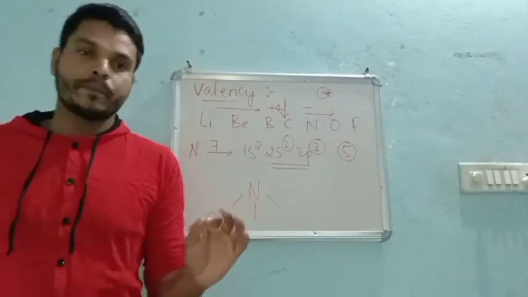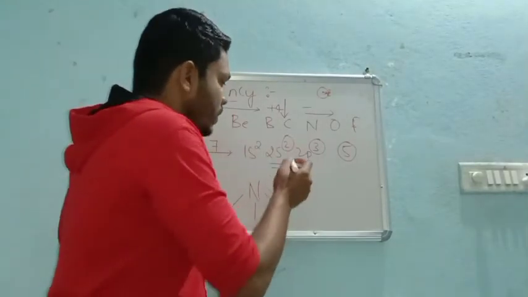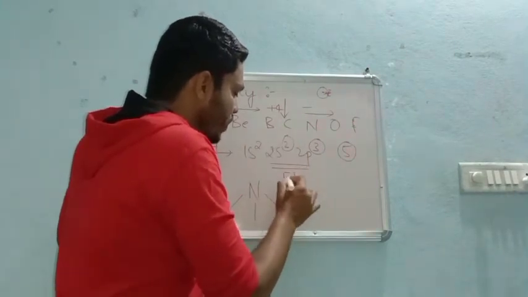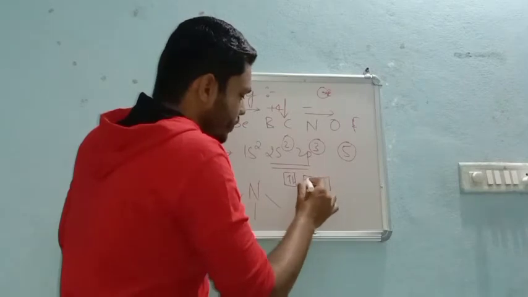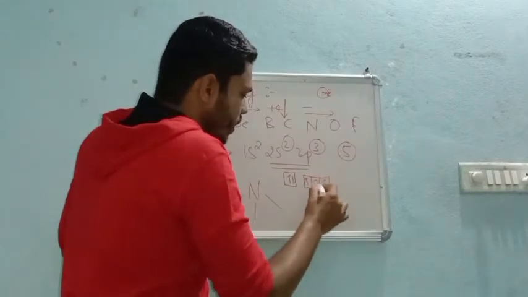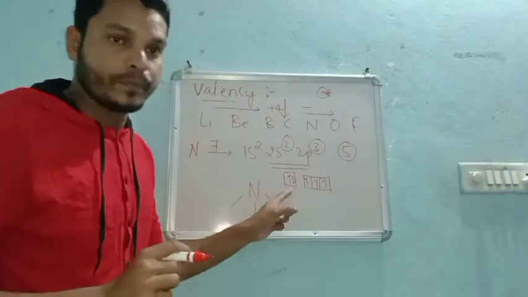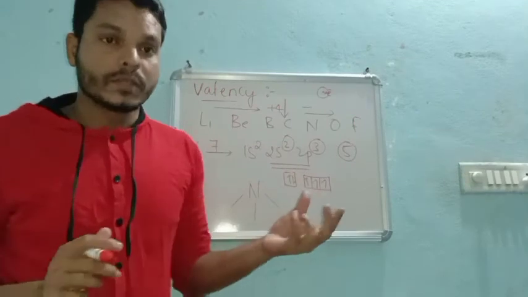Very important, right? Why? Because see, what I said, fully filled or half-filled orbitals are more stable, and the inert pair effect comes in here.